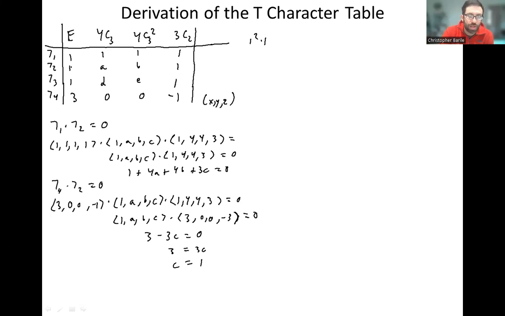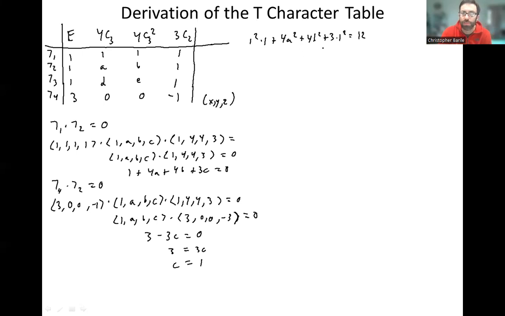So 1 squared here times 1 symmetry operation, the identity, plus a squared times 4, so 4a squared. The 4 came from here, and a squared, the character squared, plus 4b squared plus 3 times 1 squared must equal 12. 1 plus 4 plus 4 plus 3.